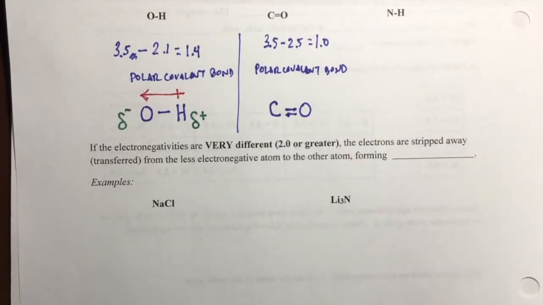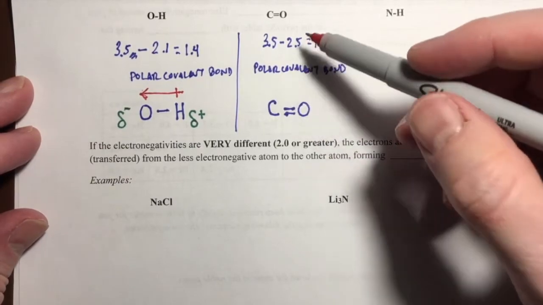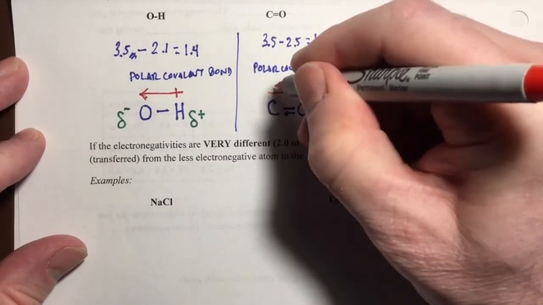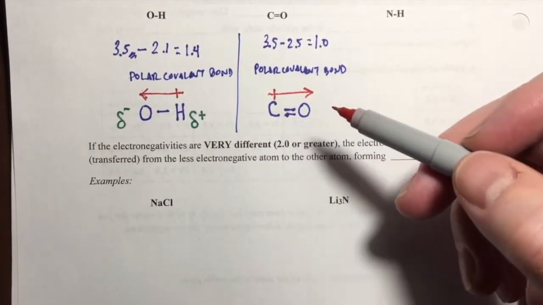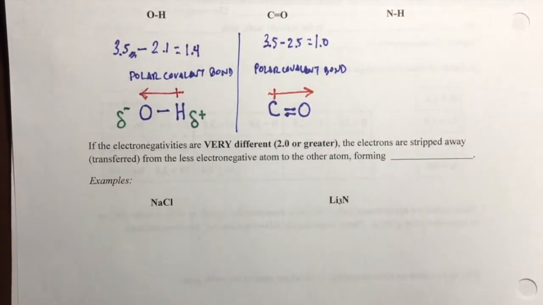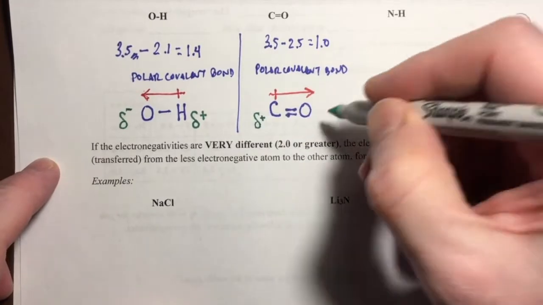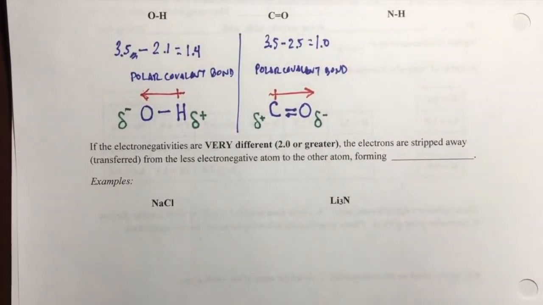The dipole arrow is pointing toward the more electronegative atom, which in this case is the oxygen. So the dipole arrow is going to be pointed that way with the little crosshatch on the carbon end. Partial charges, I need a partial positive down here with the carbon, and a partial negative at this end of the bond with the oxygen.